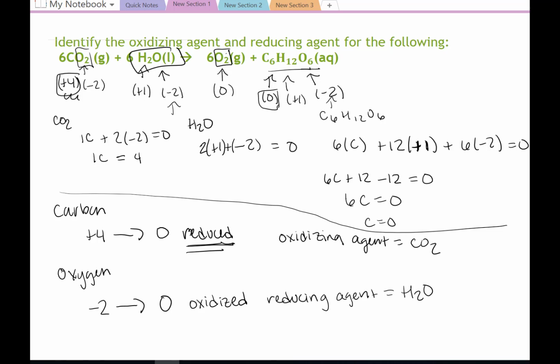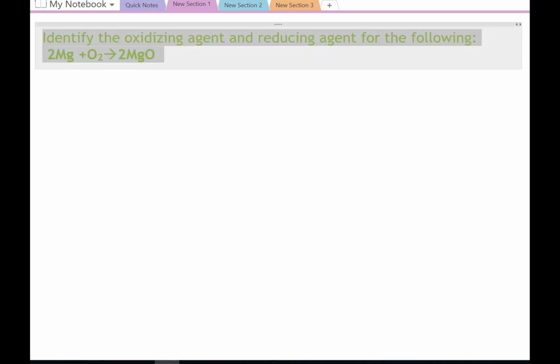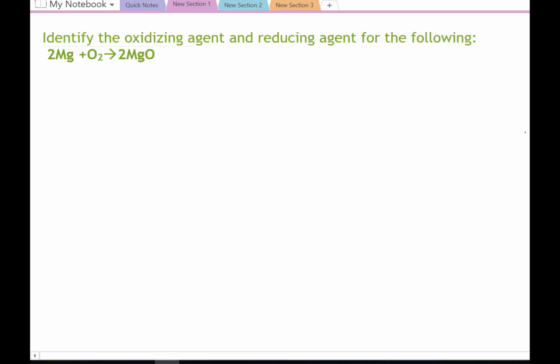Now let's do one final example. So we're going to identify the oxidizing agent and the reducing agent for the following. So we have 2 Mg plus O2, which is equal to 2 MgO, or magnesium oxide. So let's find the oxidation states for each one.